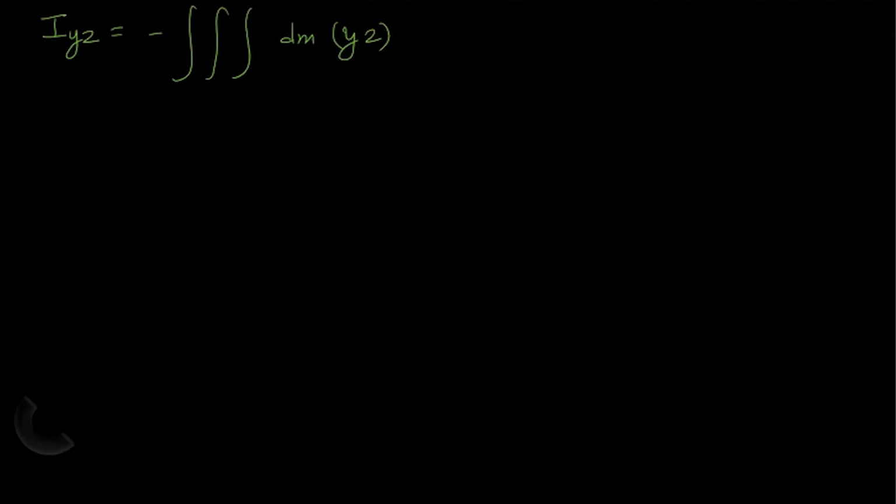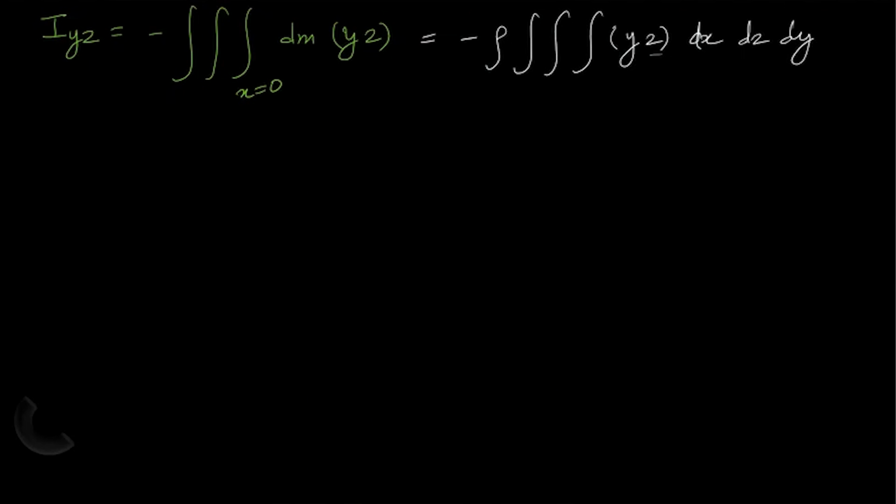So this is the expression. We can substitute for dm. So now let's set the limits. X is going from 0 to a minus y minus 2 over 3 z. And z is going from 0 to 3 over 2 (a minus y). And y is from 0 to a.